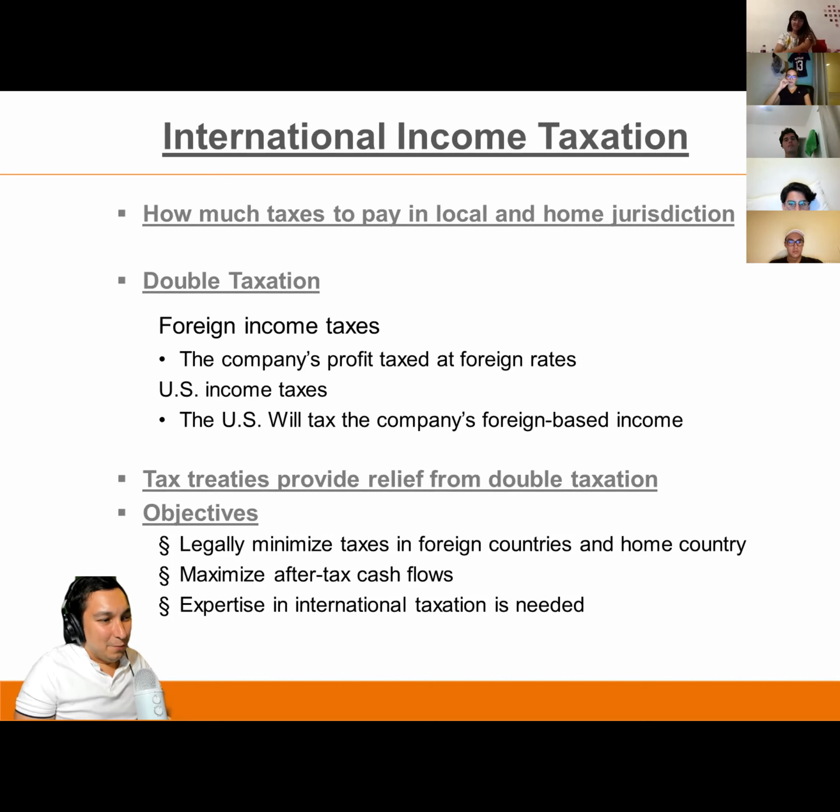Well, I wanted to explain because in Mexico we have a double taxation treaty. What it means is that you have to pay the sales tax in the country where the operation originated. But for income tax, being a US citizen and Mexican citizen, I have to pay part of my taxes here in Mexico because all my economic benefits come from Mexico, and that's rated at 30%.